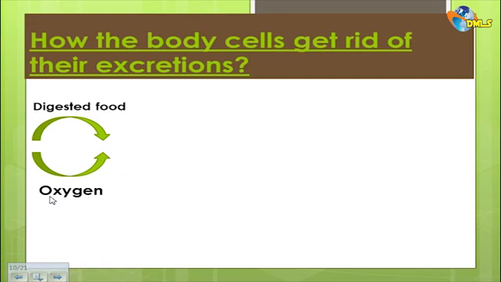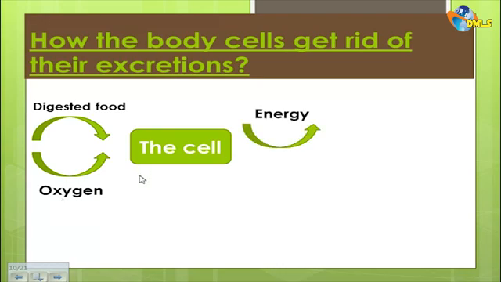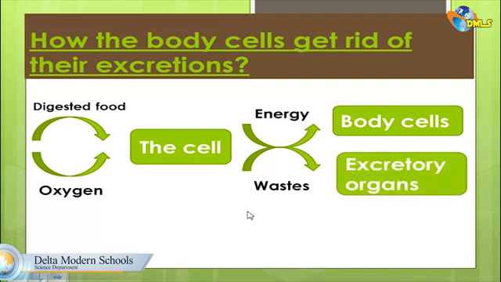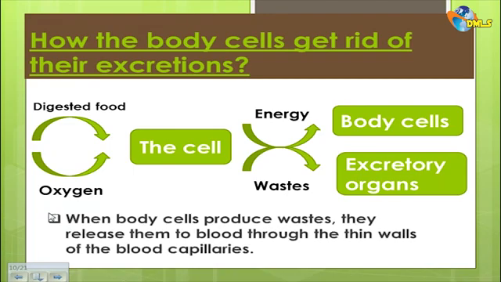The digested food goes to the blood, which distributes it all over the body cells, and the oxygen then enters the cell and makes combustion of this digested food, getting energy and wastes. The energy will go to the body cells and the wastes will go to the excretory or special organs to be expelled out of the body.